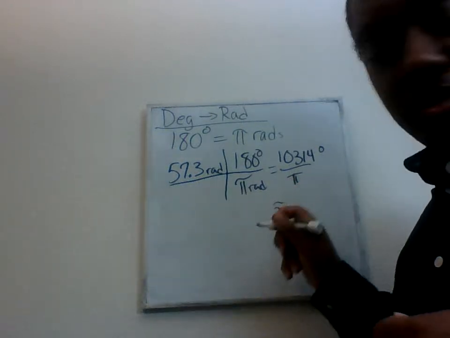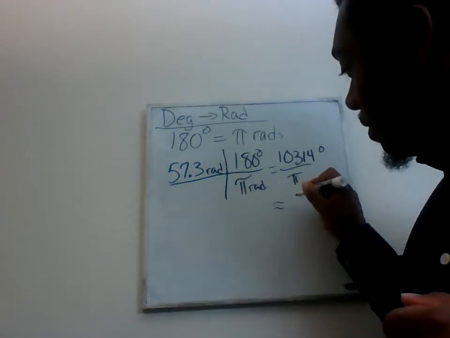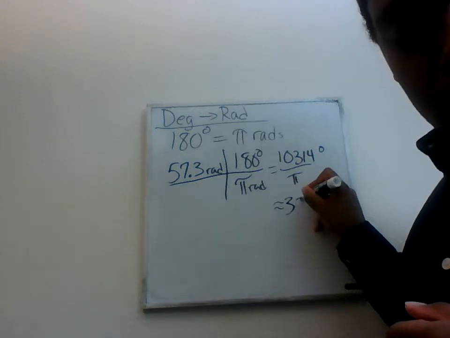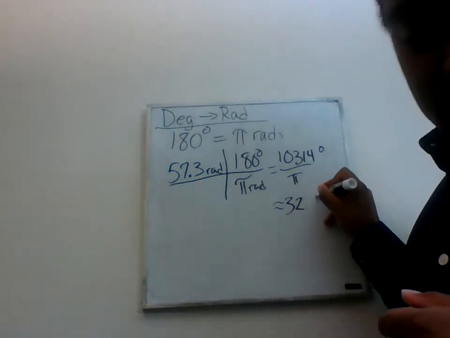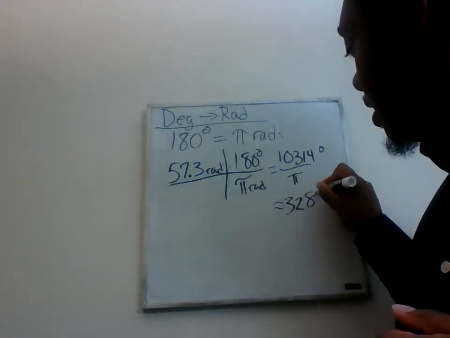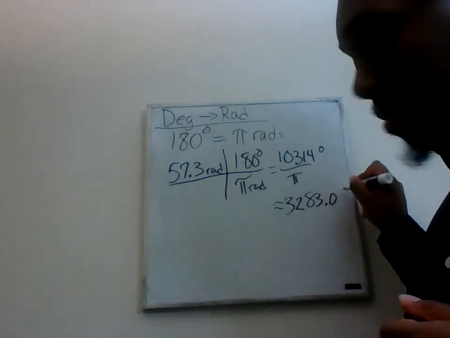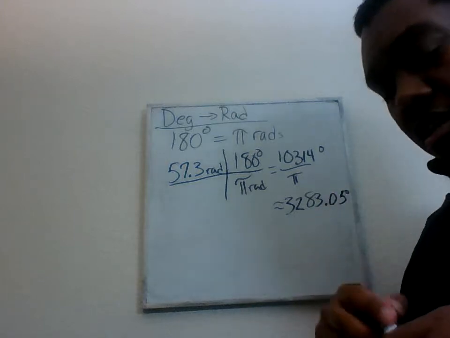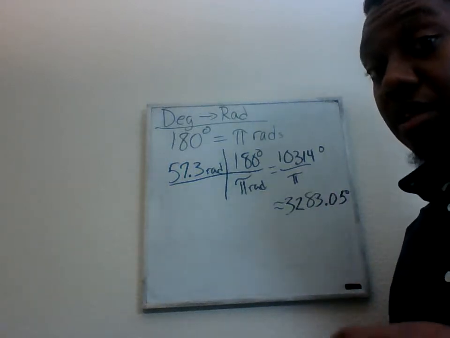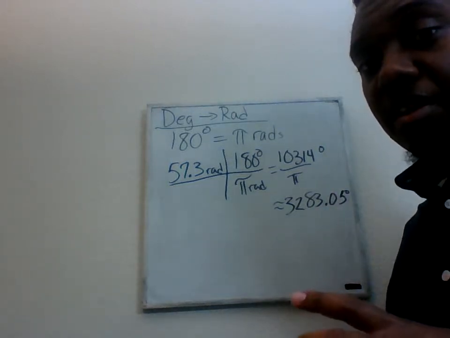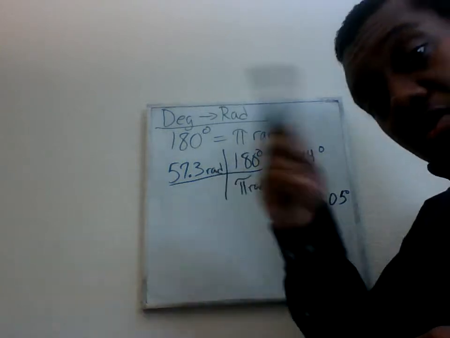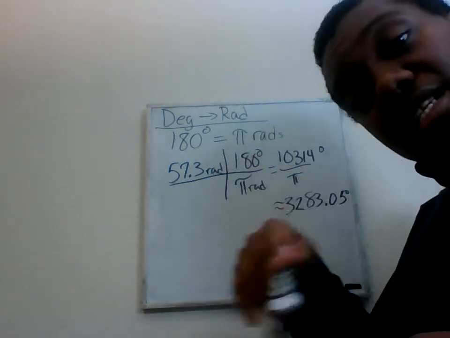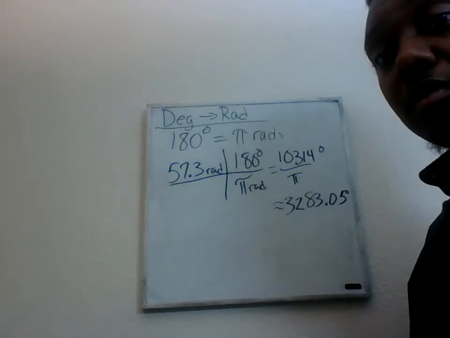And when I do so, I actually end up with 3,283.04 or 0.05 degrees. That is a lot of degrees, isn't it? Yeah. In order to get to 3,000, it had to go around at least 9 times and then some more.